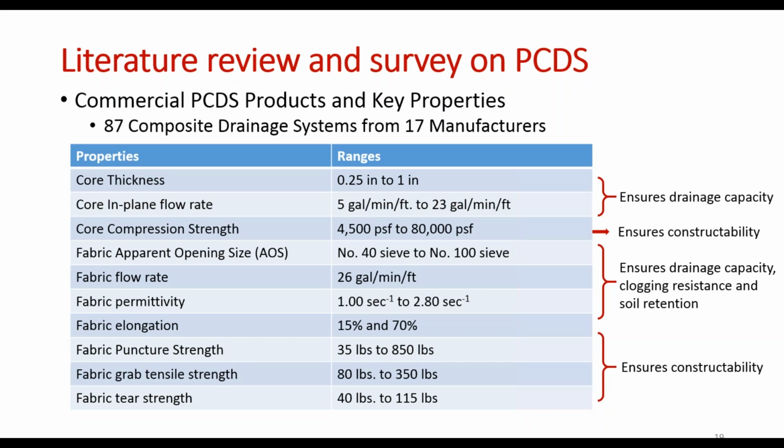And here is a summary of the properties, and the ranges of the properties reported, that define the performance of these systems. I will not go one by one, but I will show you why they are important.